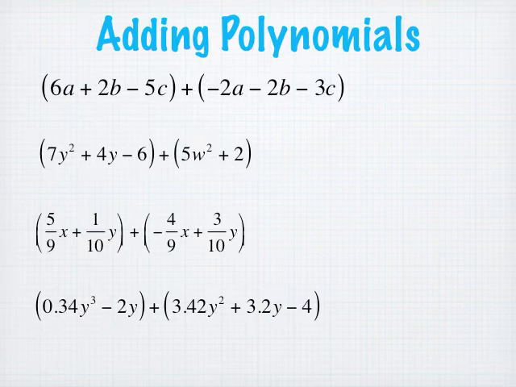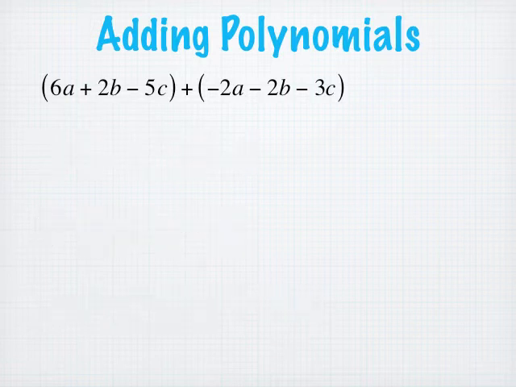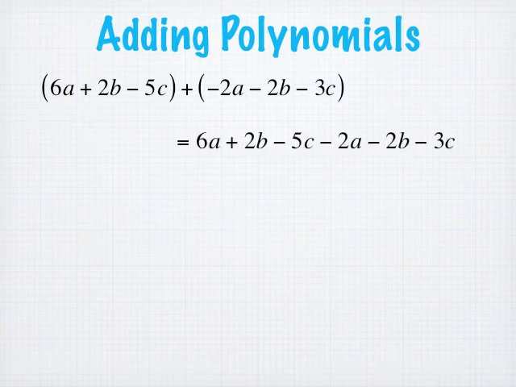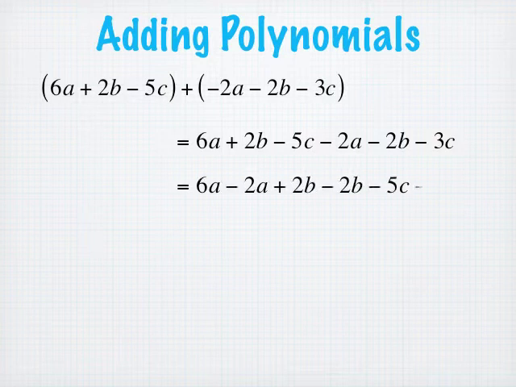Okay, now that you've got them done, let's do this first one together. So I don't need the parentheses, there's nothing to distribute. Now you don't need to rewrite this with like terms together. I've just done it to make it very clear visually what's happening. So my like terms are the A's are like terms, the B's are like terms, and the C's are like terms.